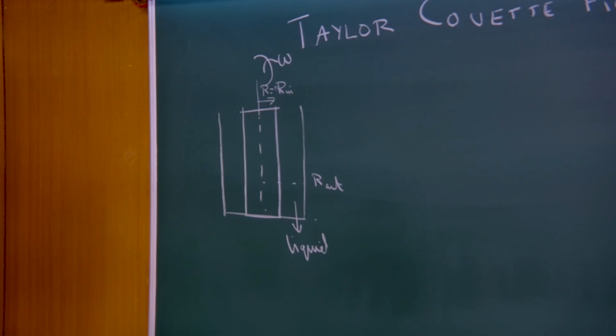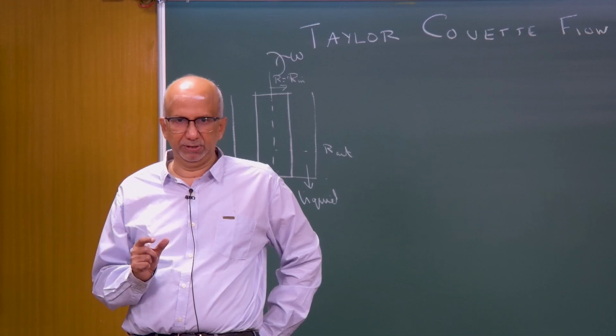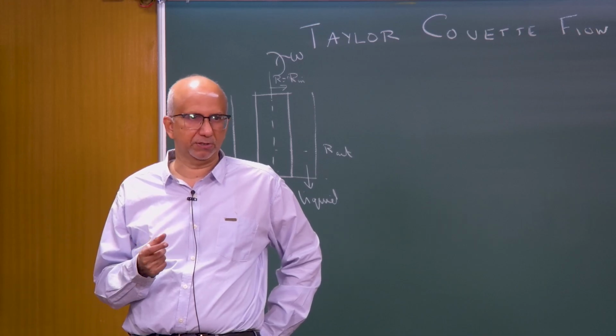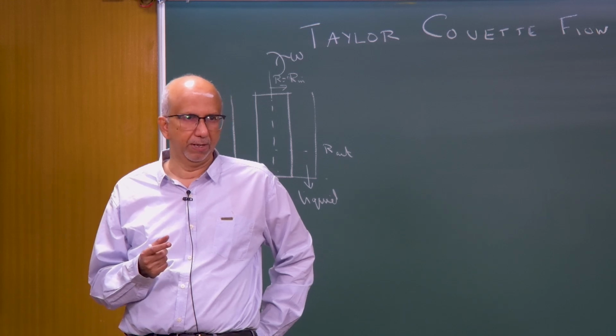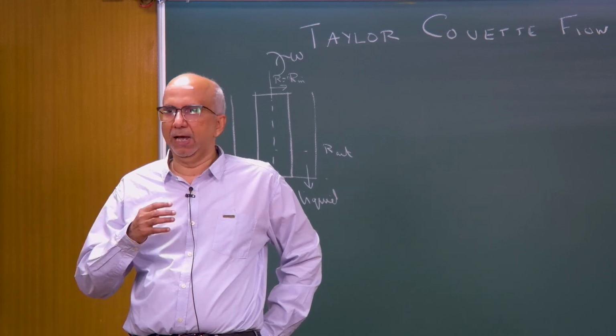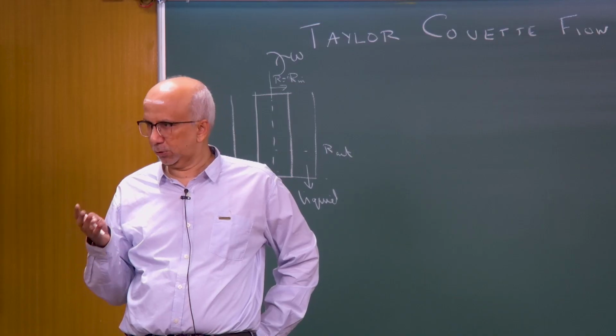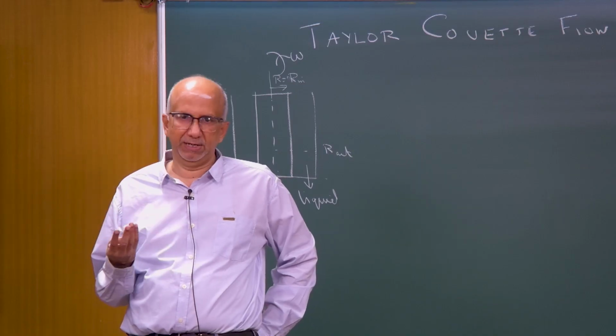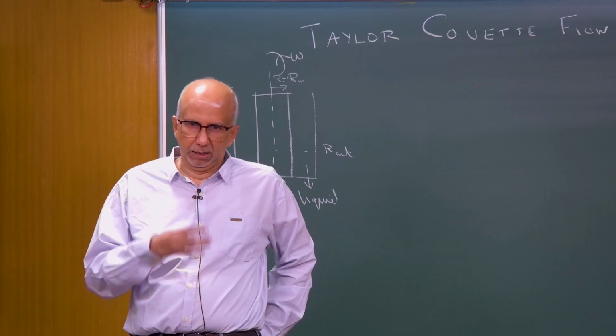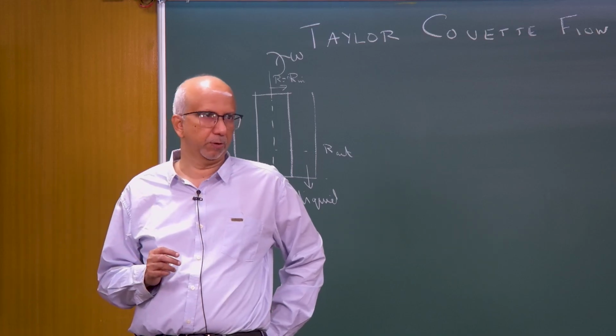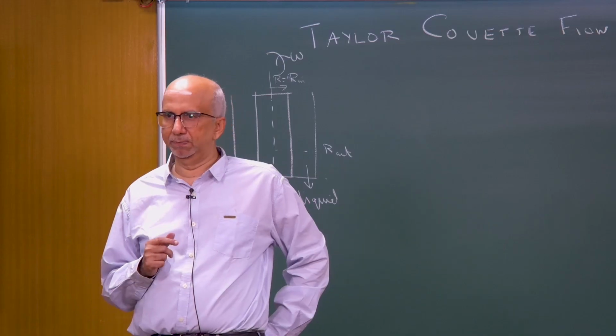Now, you have exactly the same situation, at least qualitatively: one wall which is moving with an angular velocity, another wall which is stationary, and the liquid whose viscosity you want to measure is confined between these two, okay. So, this is like a Couette flow problem, only it is in cylindrical geometry, and this is called the Taylor-Couette problem, okay. This is again a classical problem.